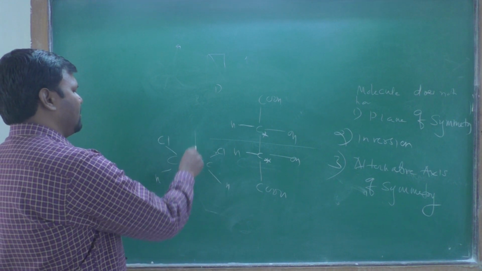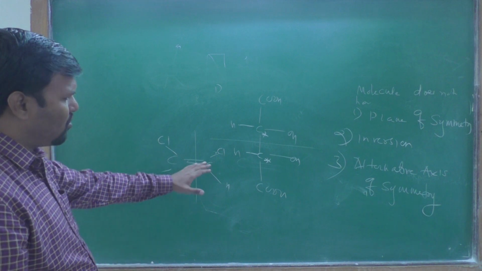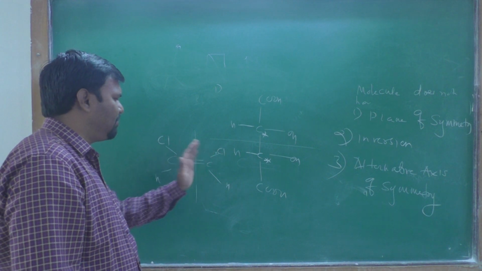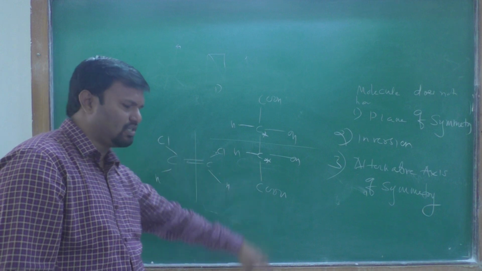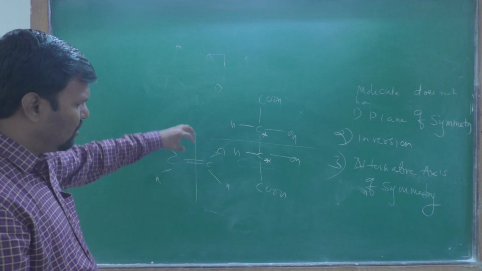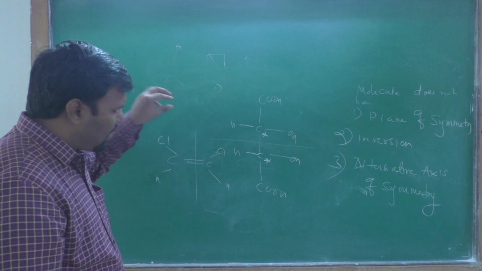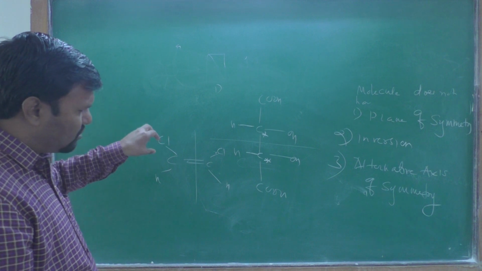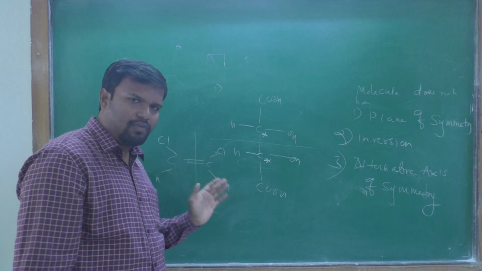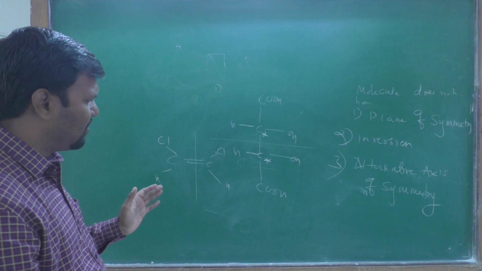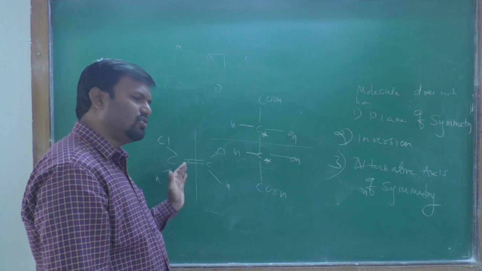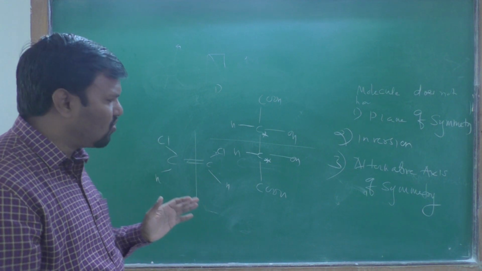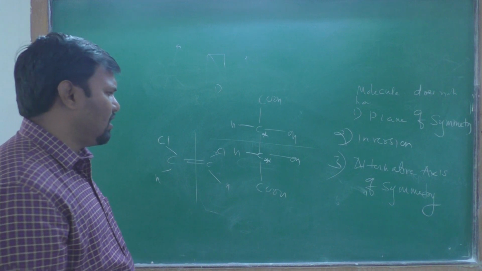When you pass the plane, it divides the molecule into two equal halves, the same on this side and the same on this side. It divides the molecule into two equal parts, therefore this is a plane of symmetry. That molecule has a plane of symmetry and it is an achiral molecule.